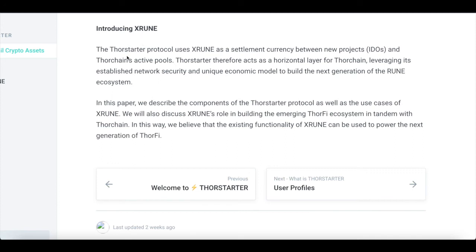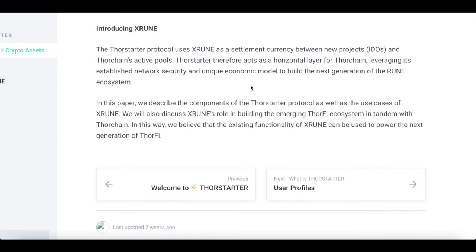So here's some key information that can be very useful. Introducing XRune. The Thorstarter protocol uses XRune as a settlement currency between new projects, IDOs, and Thorchain's active pools. Thorstarter is building an active horizontal layer for Thorchain, leveraging its established network security and unique economic model to build the next generation of Rune ecosystem. In this paper, they describe the components of the Thorstarter protocol as well as the use cases of XRune.